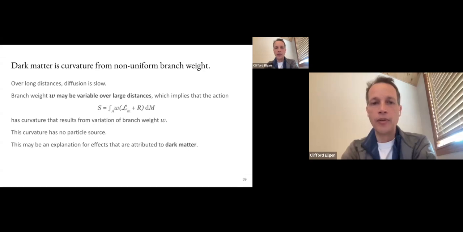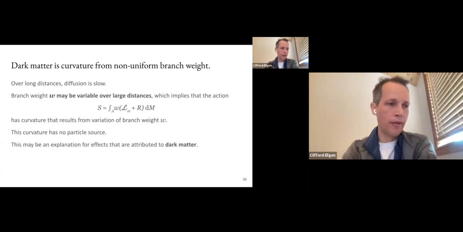And if W is variable over these large distances, then the extrema of this equation has curvature that results from that variation. And that curvature does not have a particle source. There is no knot. There is no field that has energy explaining that. It's just variation of W. We have curvature without a particle source that applies over large distances.